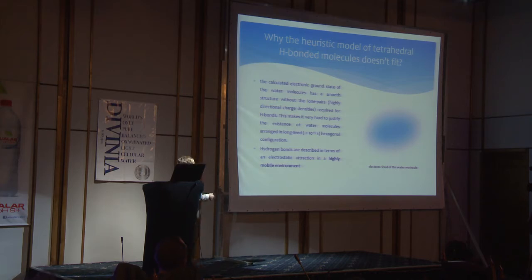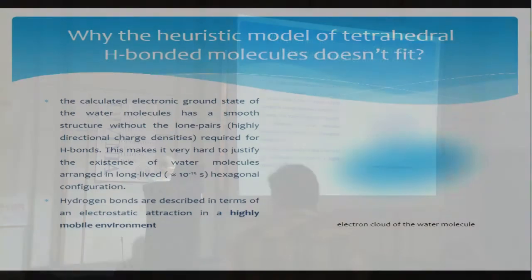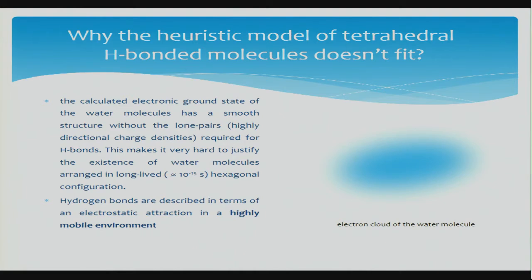It's just a drawing. It's quite smooth. But if we want to justify the existence of the H-bond, we should have something like more charge in particular directions. So we want to justify what chemists call the lone pair. Here there is nothing that can recall a lone pair.